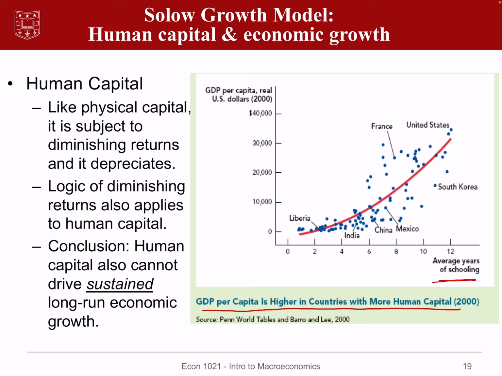And similarly, college is great. Lots of things are great. It's going to be great after COVID, but you could argue that diminishing returns would apply to the further acquisition of knowledge.